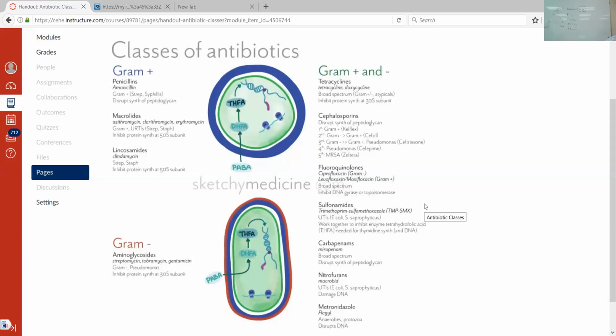Glycosides are sugar-like structures, and the aminoglycosides interfere with protein synthesis. The macrolides are another family, like erythromycin. They're called macrolides, chemically very similar, and again, they play around with the protein synthesis.